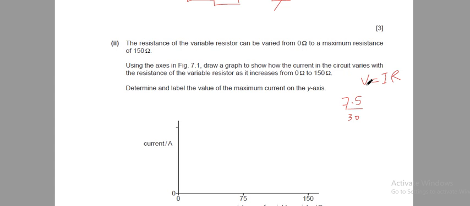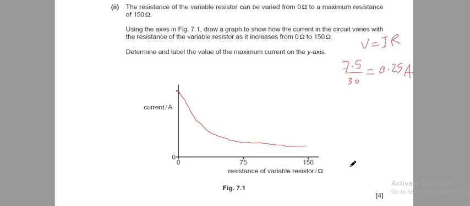So current here is V over R, V is 7.5, R is 30, and the answer is 0.25 ampere. This will be the maximum value, and then the current decreases as the resistance increases.